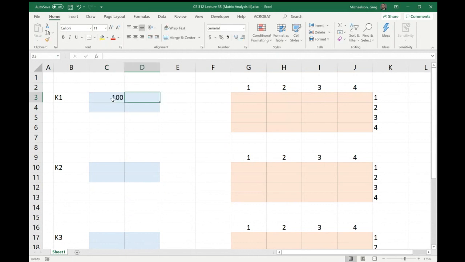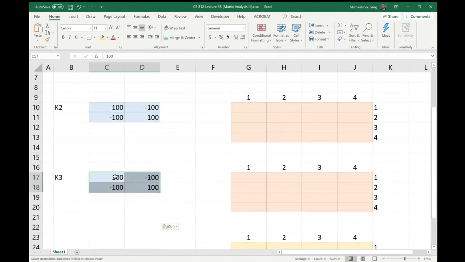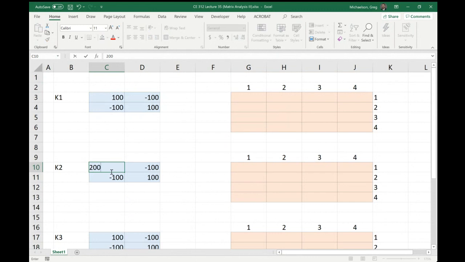This is 100, that, and that. What I did is I set up some formulas here so that, for instance, if I change this to 64, it automatically changes all the other stiffness terms because I'm lazy. So I can go ahead and put that there and there and fill out my terms.